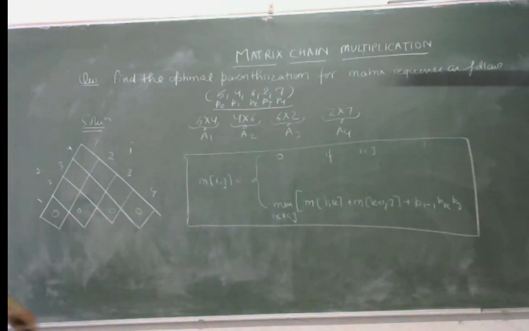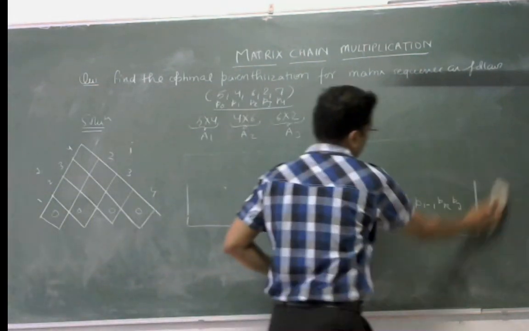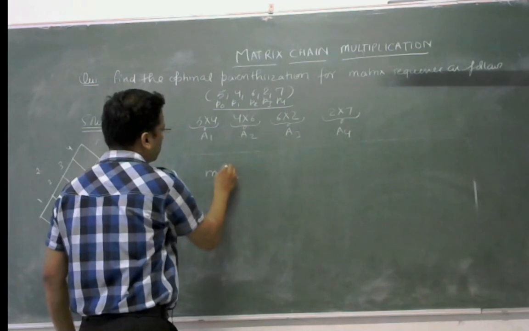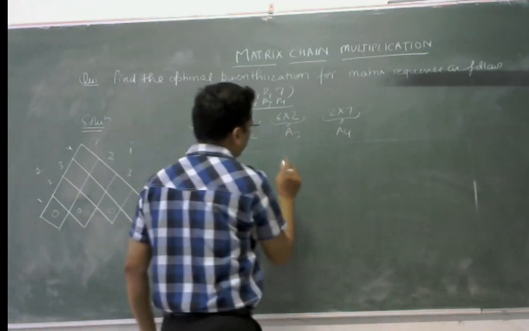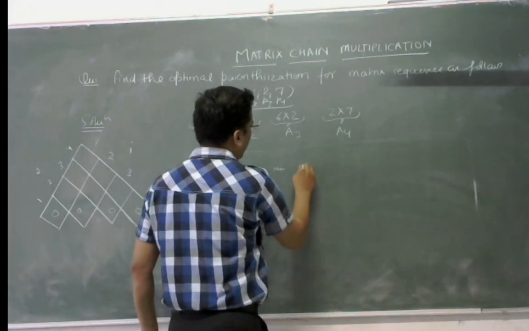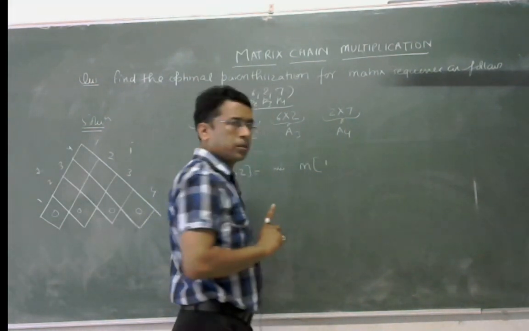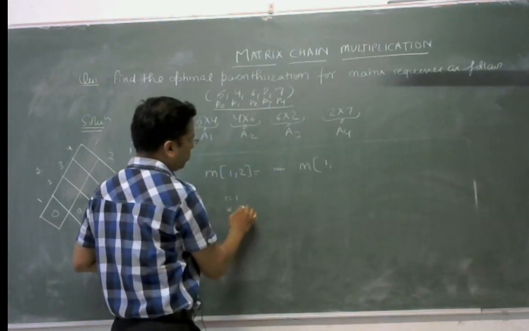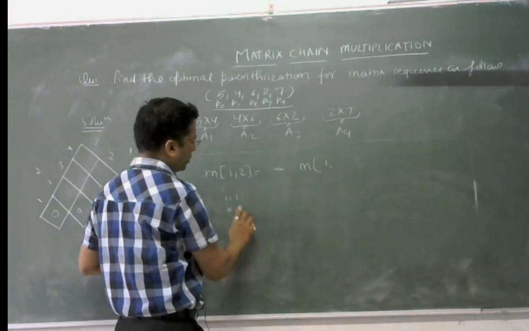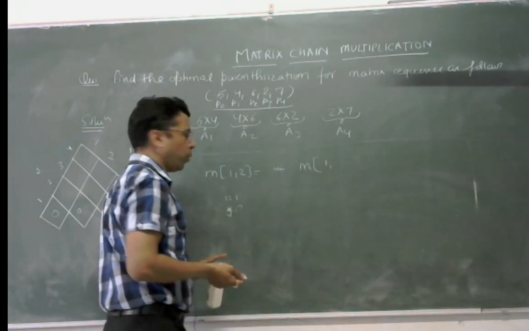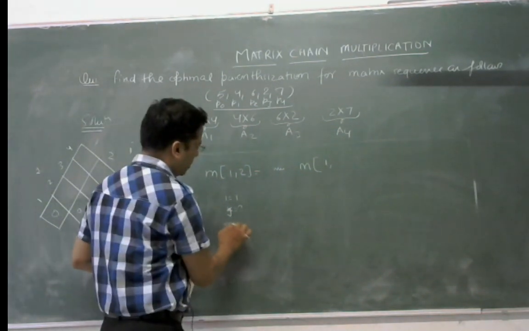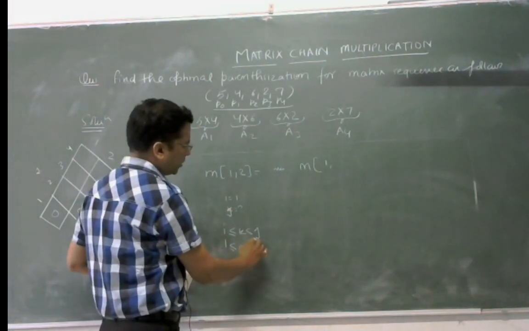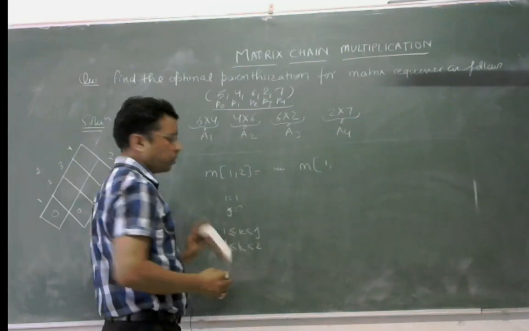As per the formula, M12 is the minimum over k. Since i equals 1 and j equals 2, k can only be 1, because k lies between i and j. So this is 1, this is 2, so the k value can be 1 only.